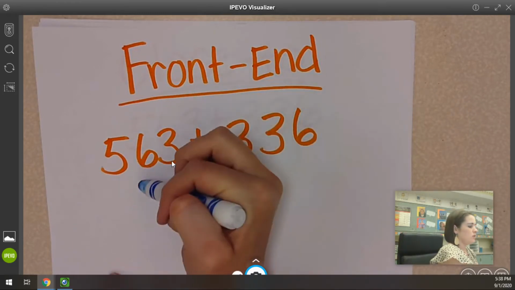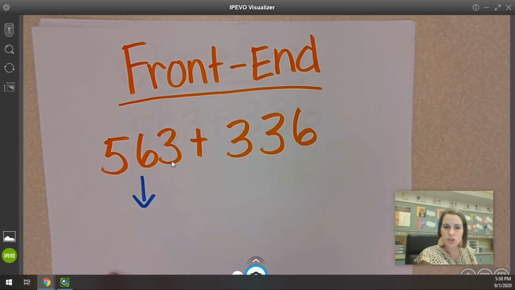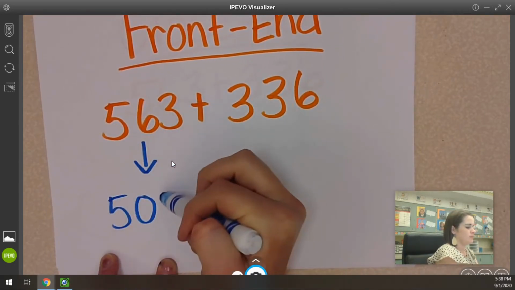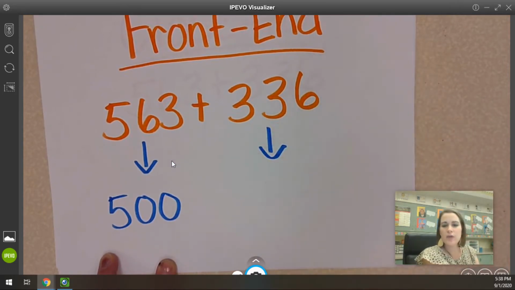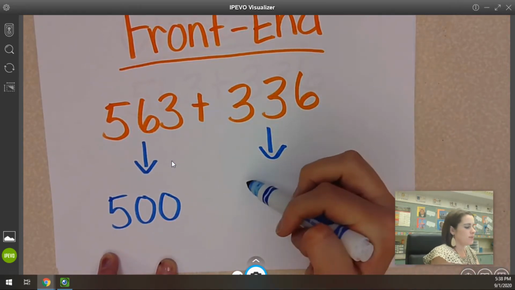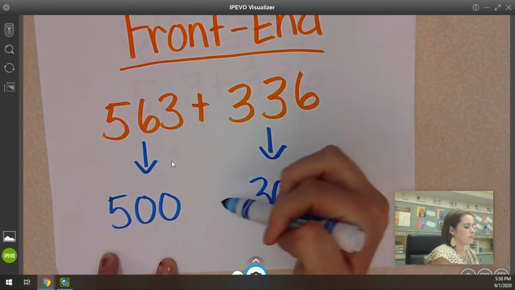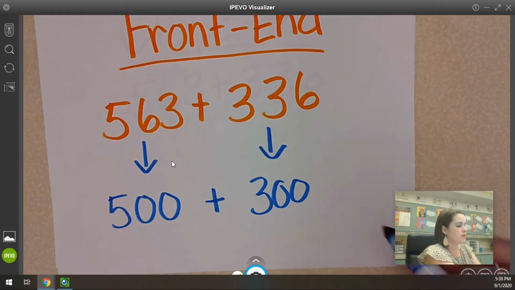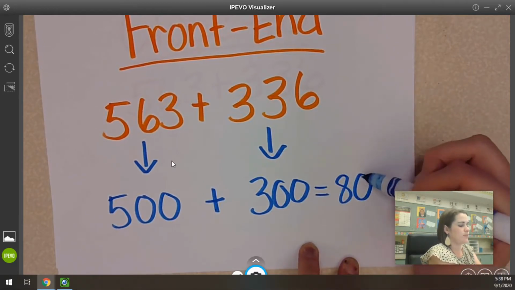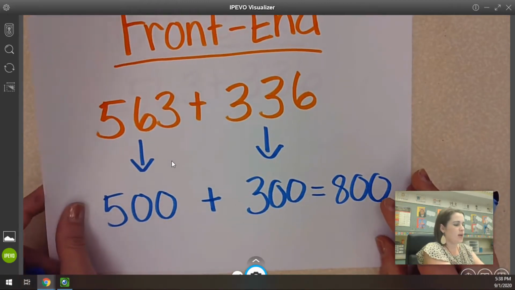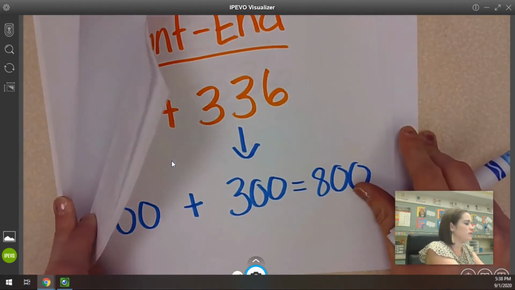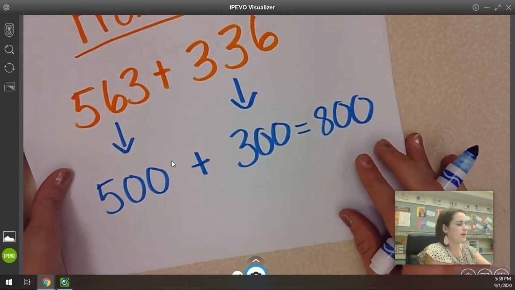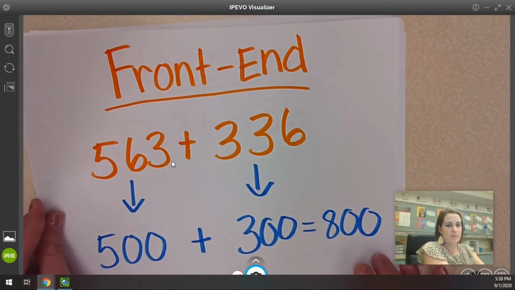So 563 would change to 500, and 336 would change to 300. If I add those together, 500 plus 300, I get 800. You can see how that is about 100 difference than the rounding, okay? So that's front end estimation.